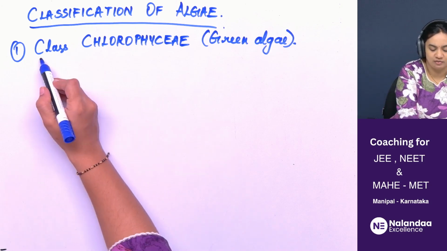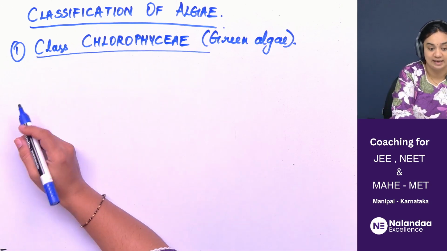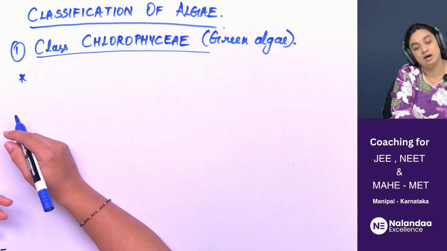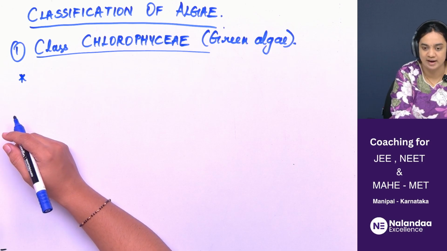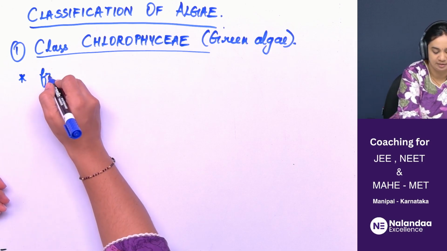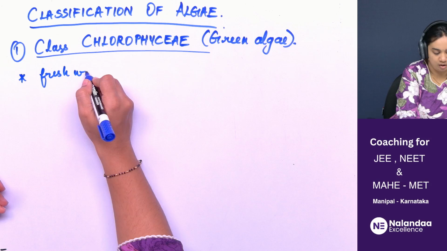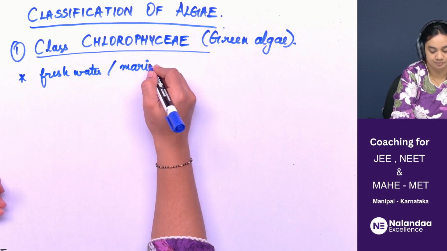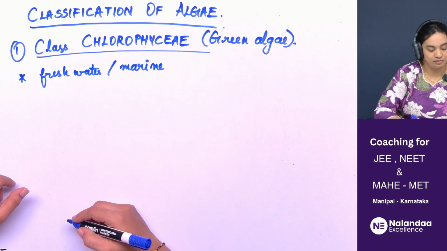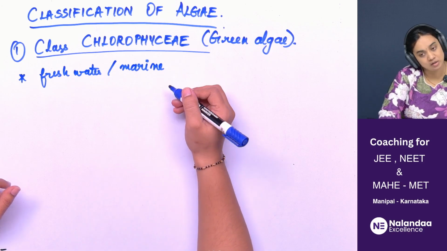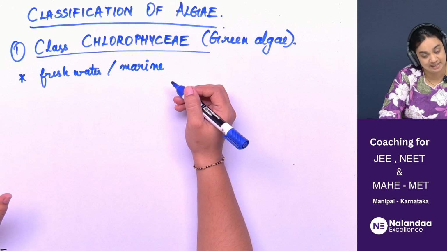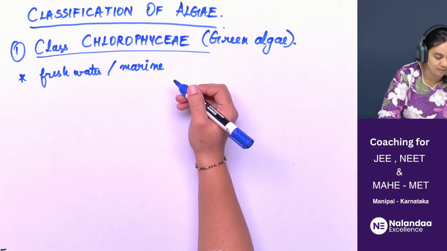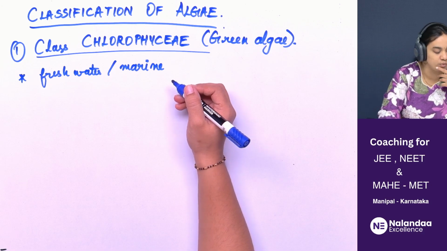Now, in case of class Chlorophyceae, commonly called green algae, we will talk about first the habitat where we find green algae. They may be freshwater or marine, or sometimes they can also exist in terrestrial regions, like moist rocks and stones and wood.